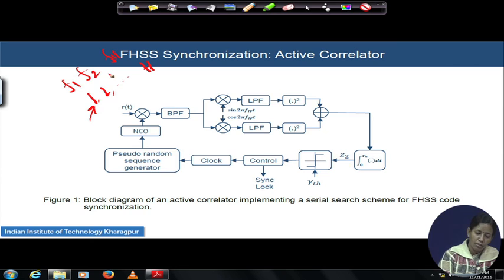But think of a situation where, for most of these hopping patterns and hopping frequencies, the locally generated code is not aligned with the incoming signal. If they are totally out, then the square law detector output will be very low, close to 0. And if it is 0, then for those hopping frequencies the contribution to z will be very low.